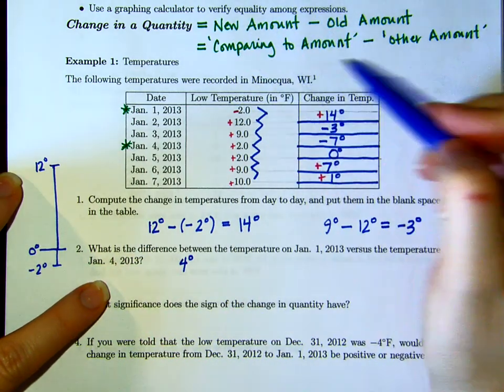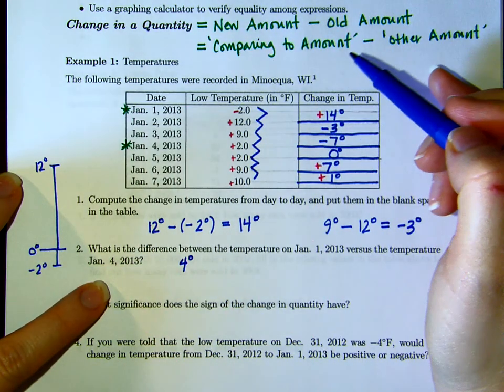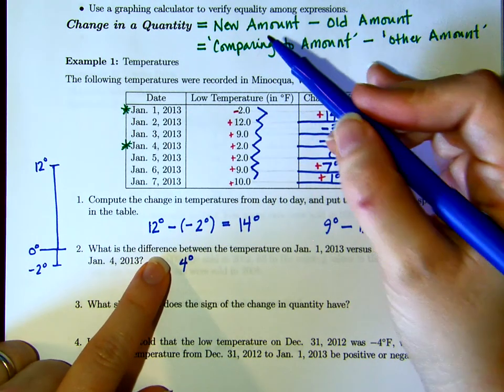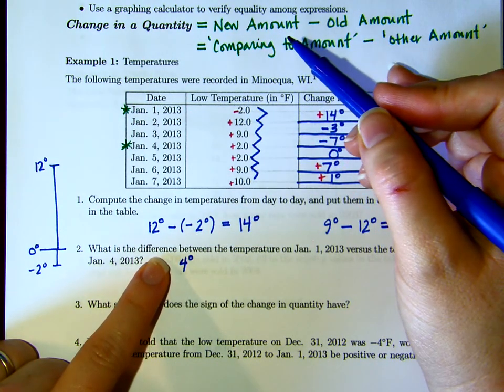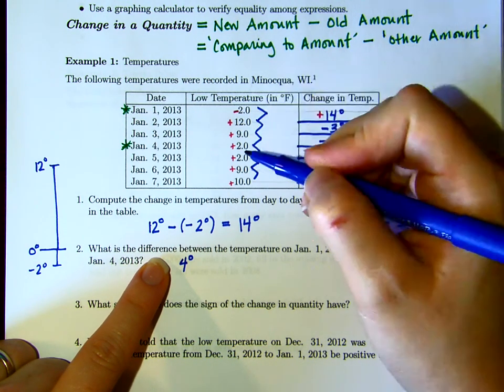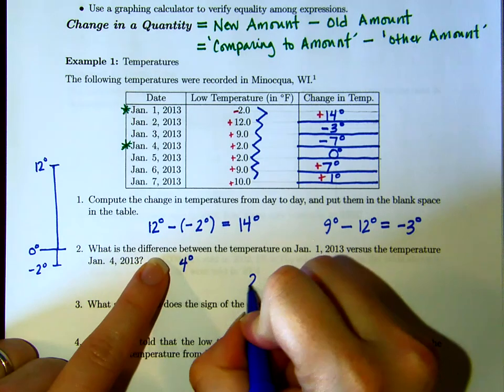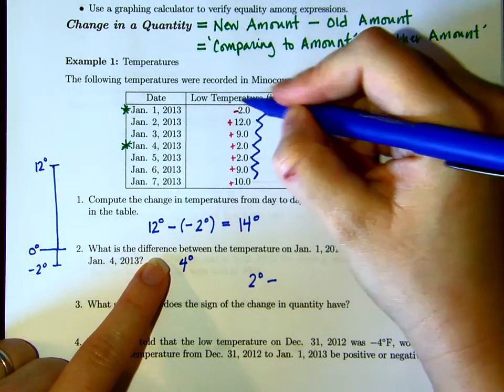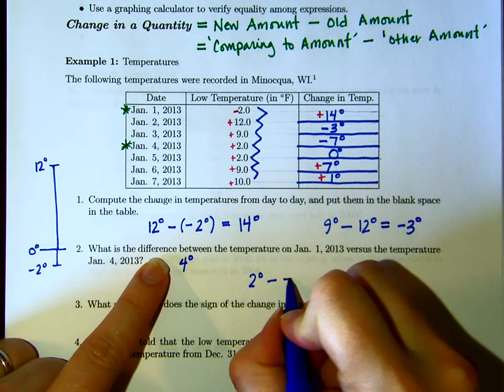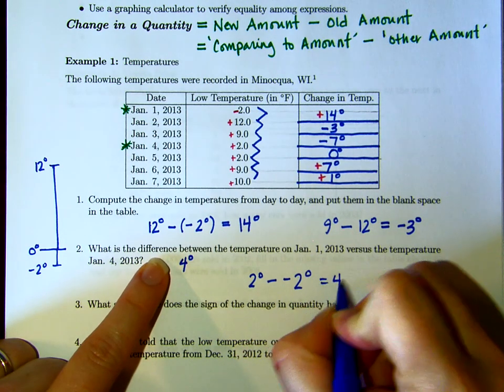And if we're going to be real explicit about this change, this word difference is actually computing a change in the temperature. It's going, okay, the new amount, 2 degrees, minus the old temperature, the previous temperature, -2 degrees.